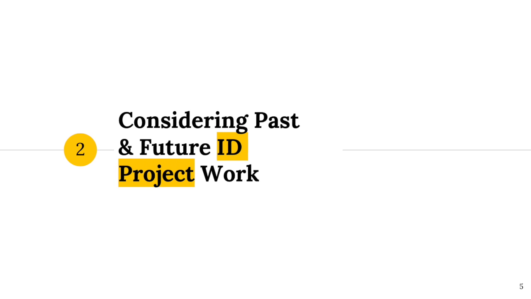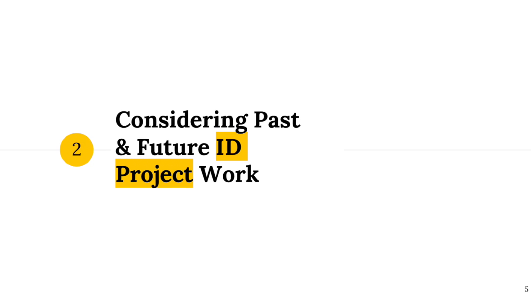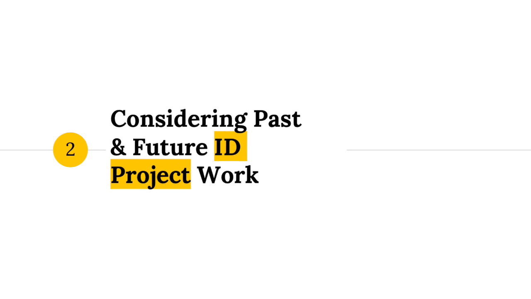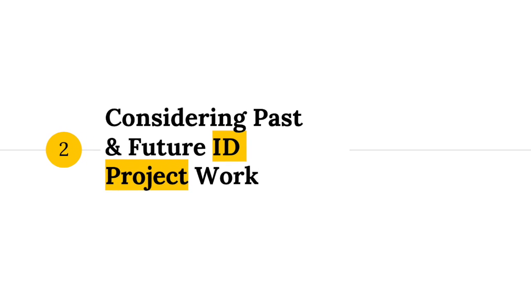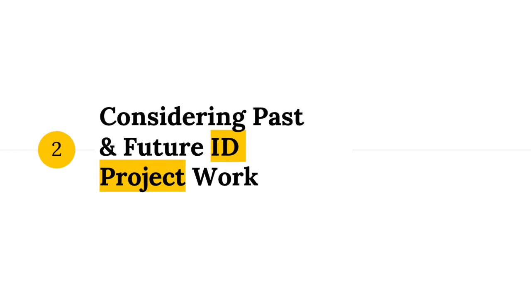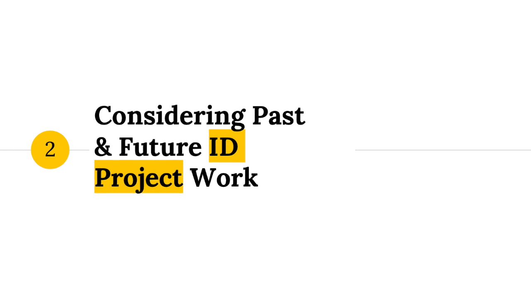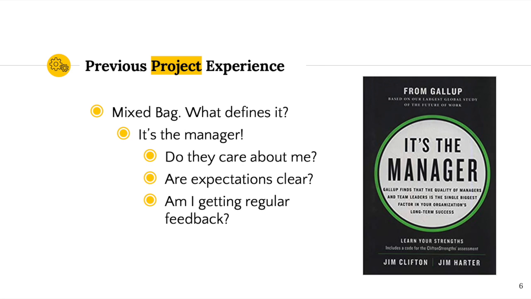Now I want to move to considering past and future instructional design project work. As I think back to some of the projects that I've done, I think I've had a variety of project experiences. When I'm thinking about group projects, some of them have been good, some of them have been less good, and that's true even within this course.